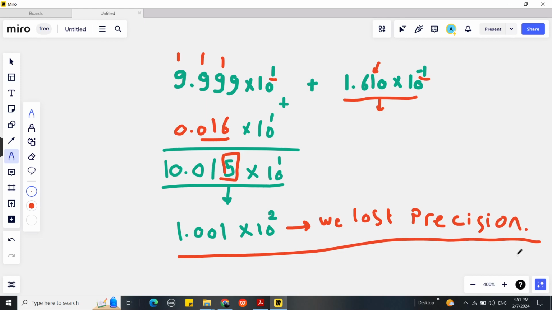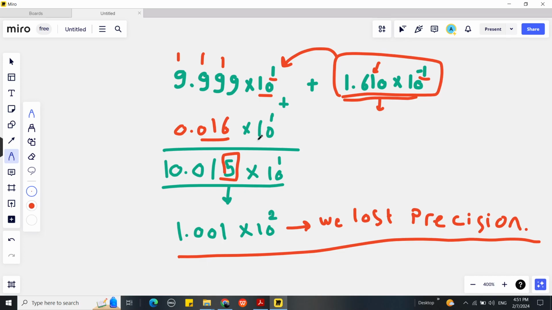Floating numbers. Let me say the steps again. First of all, you equal them to the biggest power, to the biggest scientific notation, and in our case, the biggest power is 10 power 1, the smallest power is 10 power negative 1. So you gotta change this number, which is with 10 power negative 1, and you need to make it with the same base as this one, so it's gonna become 0.016 times 10 power 1.